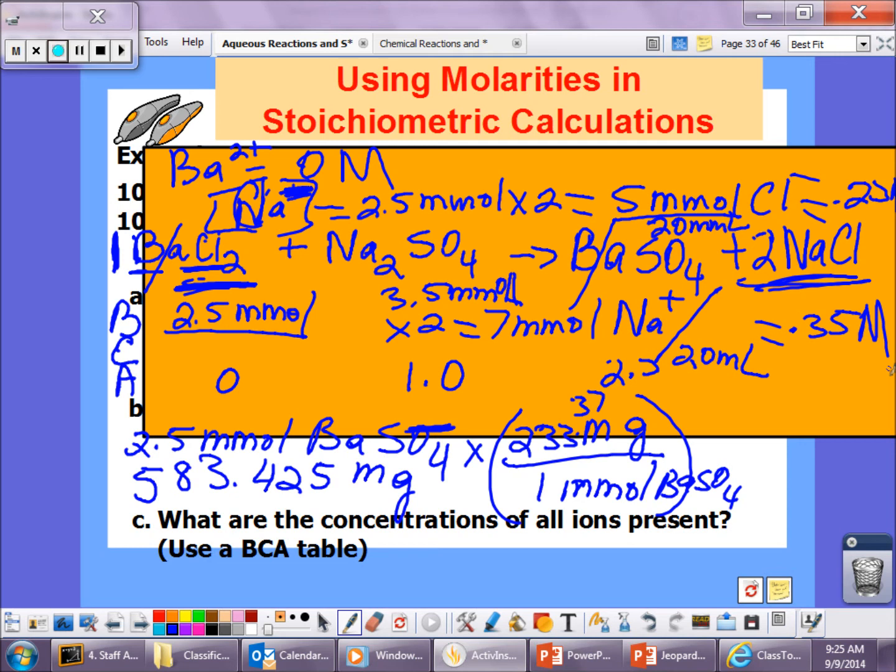So we still have that sulfate in solution, the excess. Okay, so it is 1 millimole divided by the total volume, which is 20 milliliter. What is 1 divided by 20? 0.05 molar. So it is 0.05 molar of your sulfate in that solution.